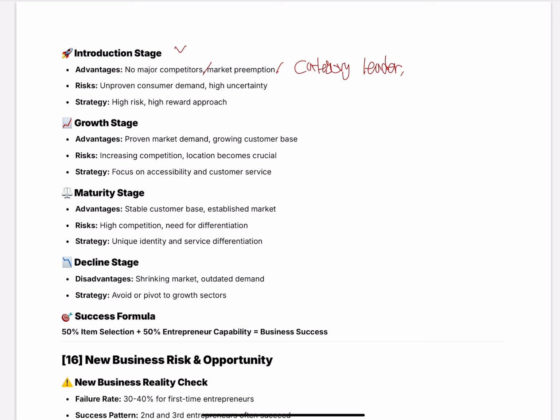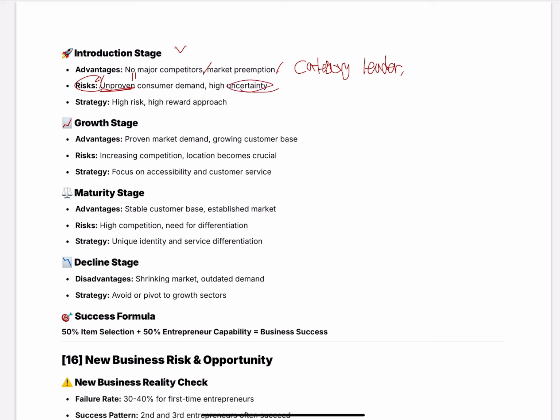However, the risks are equally significant. Consumer demand is unproven. You don't know if people will actually buy what you are offering. The uncertainty is high when you might be educating the market rather than serving existing demand.